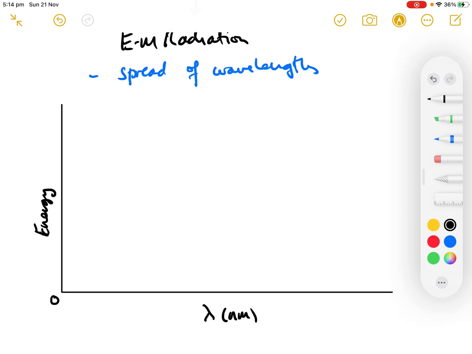Let's just see now if I can sketch this as accurately as I can. So a typical curve would be something like this. Now as you can see, it's not symmetrical.